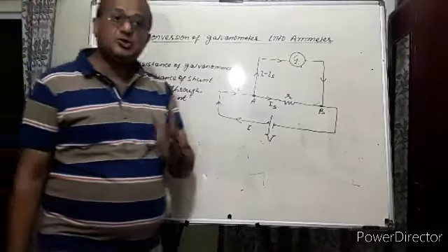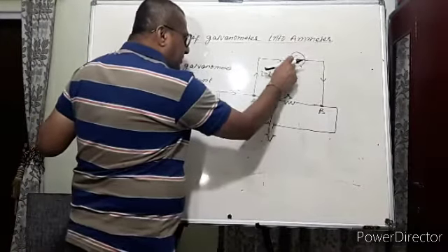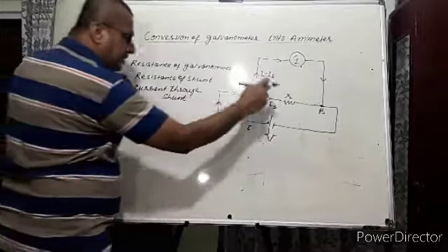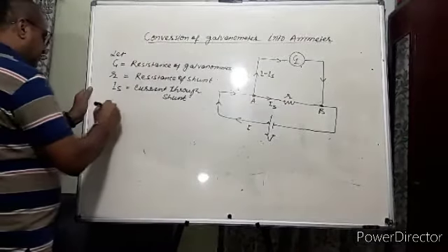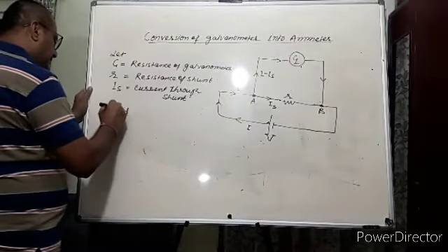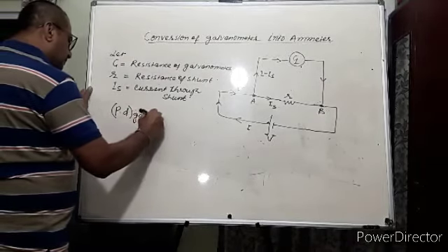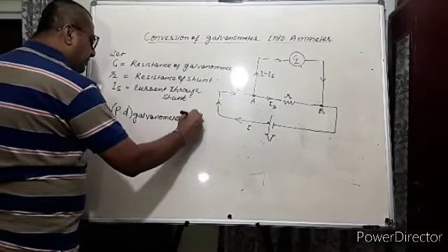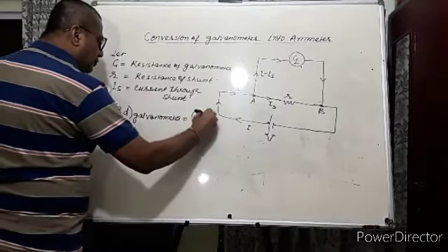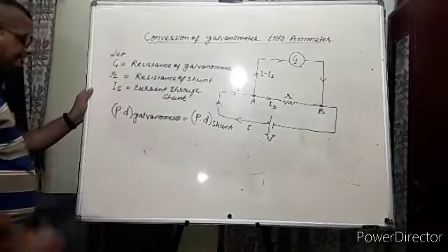But one thing is common between A and B: the potential difference of the galvanometer and the potential difference of the shunt are both the same.